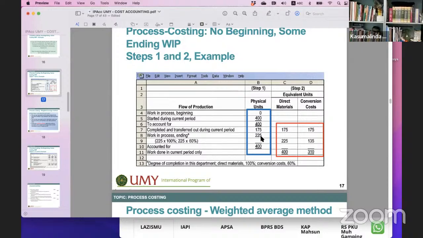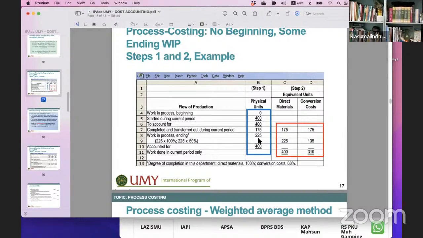In some questions, they will give you all these 4 items: the beginning work in process, started units, the completed units, the ending work in process, in order for you to calculate the units to account for and also the units accounted for.